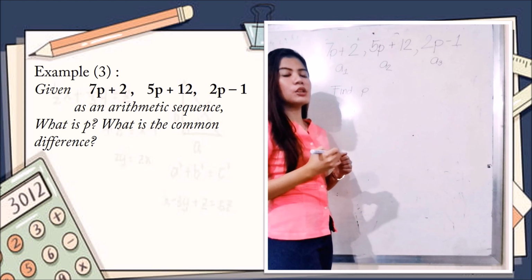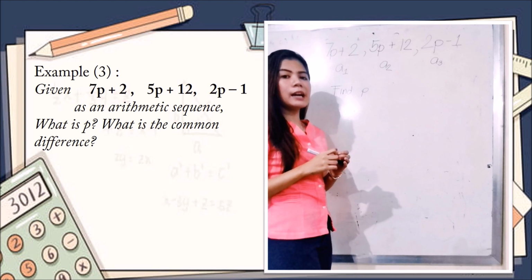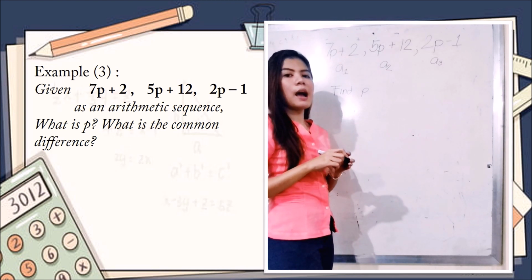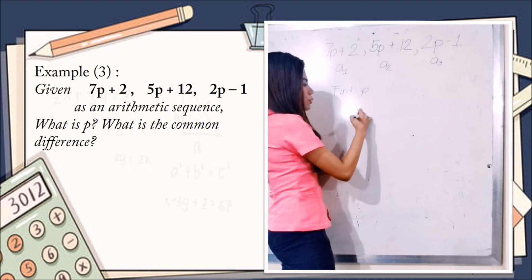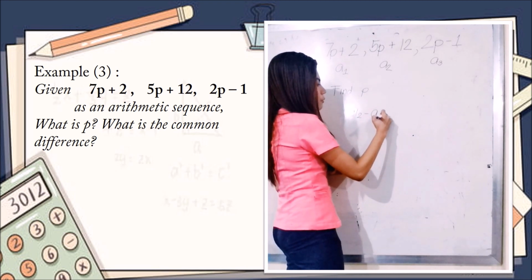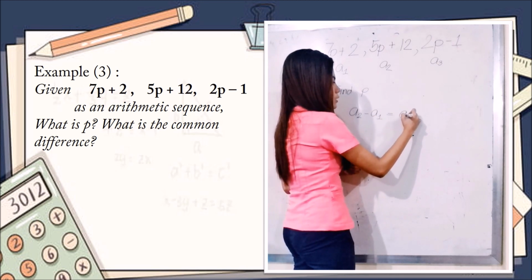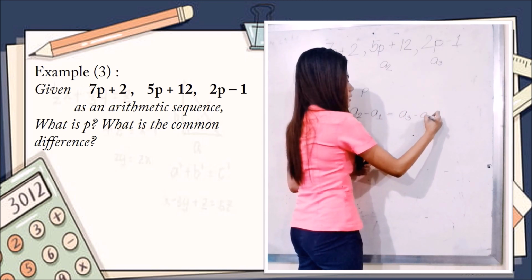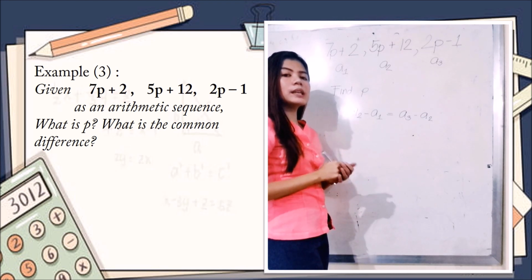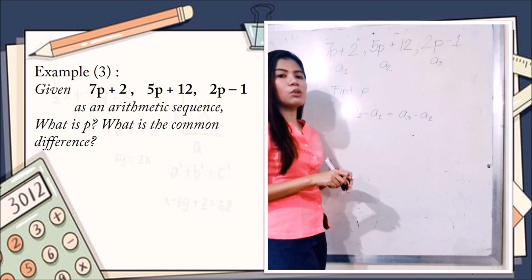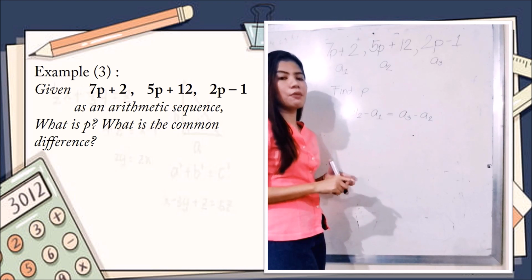By the solution of common difference, kailangan pa rin natin isubtract ang two succeeding terms, which is a of 2 minus a of 1 is equal to a of 3 minus a of 2. Miss, bakit po sila equal? So tulad ng sinabi ko, ang ginamit natin dito is the solution of the common difference.